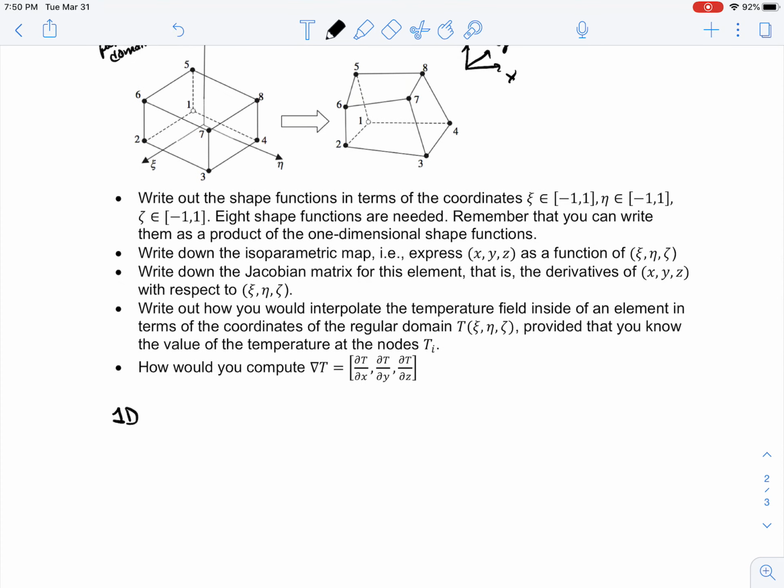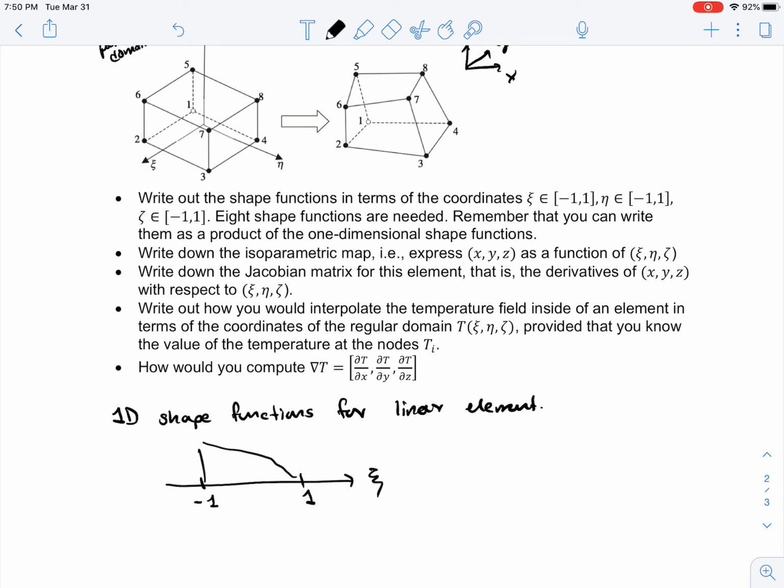Hopefully you remember, but what are the 1D shape functions for the linear element? So if you only had xi, xi from -1 to 1, the first shape function would be like this.